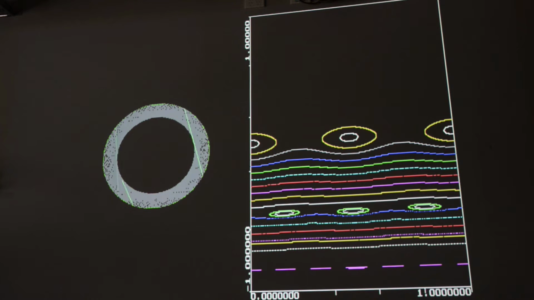So I still mostly have lines, but I have these funny circles, these ellipses. Go back up here, do something here.